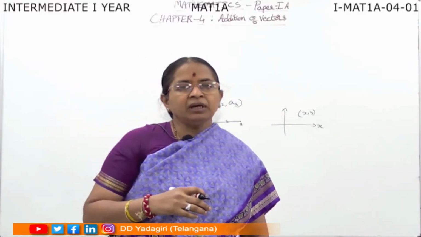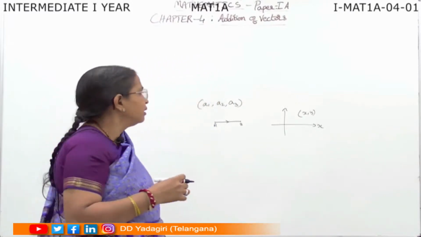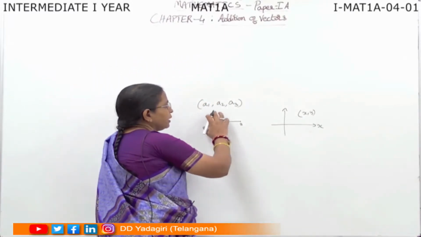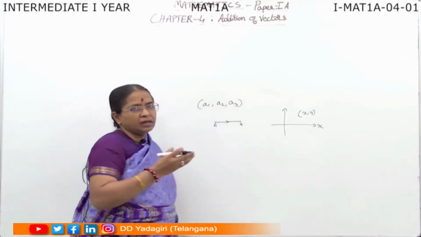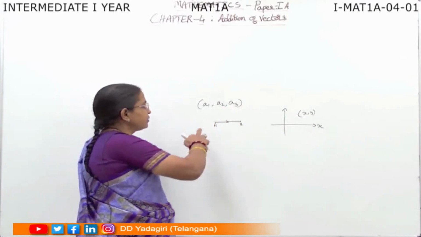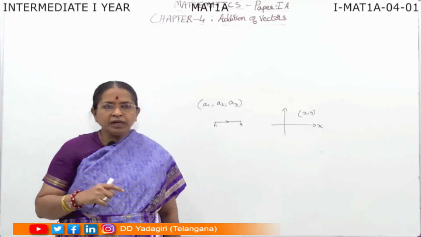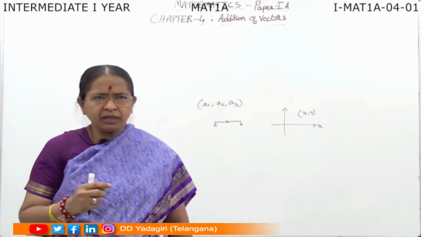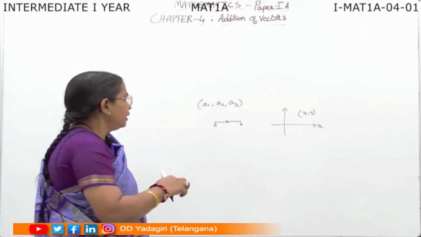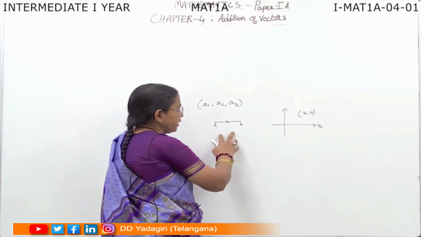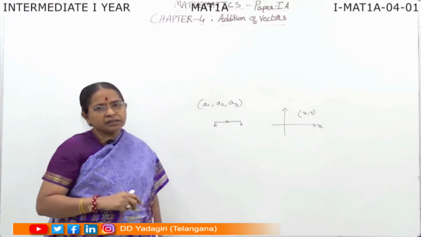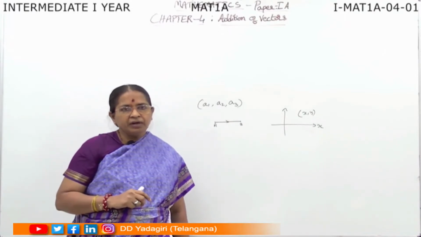In the same way here, we represent a vector by an ordered triad of real numbers. It will contain three real numbers: the first coordinate, second one, and third coordinate. So geometrically, a vector is represented by a directed line segment, and mathematically it is an ordered triad of real numbers.